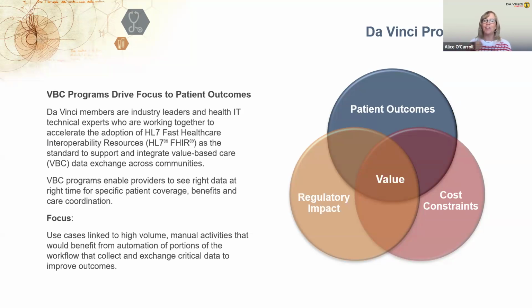It costs to figure out how to be compliant, especially when you have competing language in a CMS regulation versus a law enacted by Congress. And then the thing that matters the most, which is why CMS is putting out regulations, why Congress is enacting laws, is to have better patient outcomes. And when you have all three of these things overlapping with each other, as we show in this Venn diagram, is where the value truly comes out.